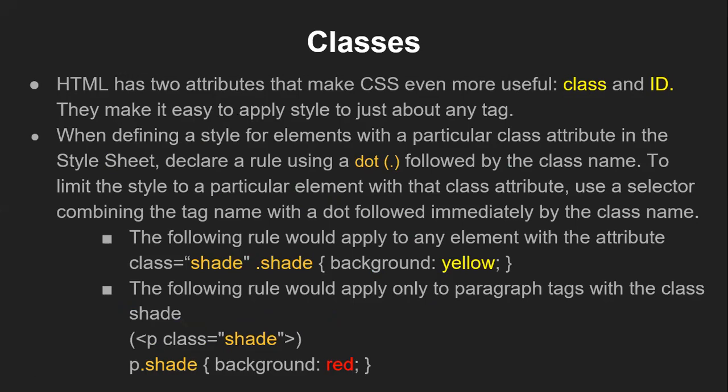So the class, when defining a style for elements with a particular class attribute in the style sheets, you declare a rule using the dot followed by the class name to limit the style to a particular element with that class attribute.